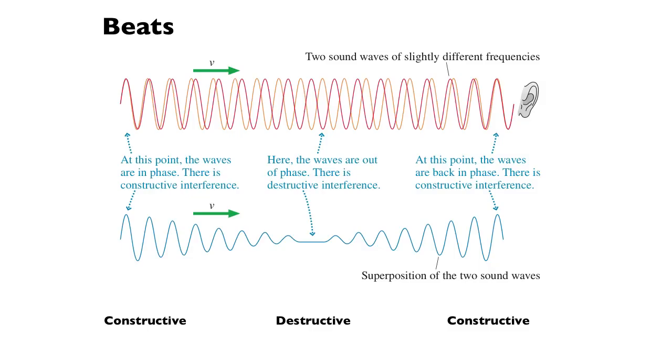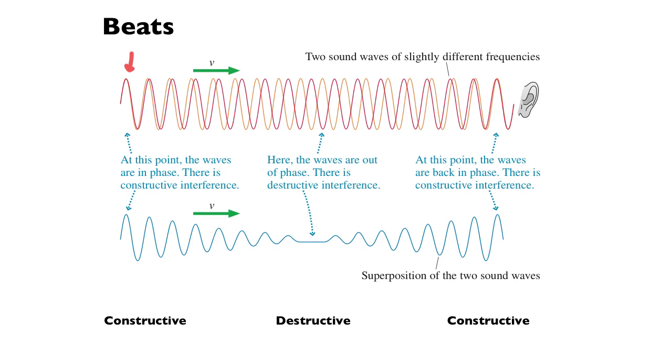So speakers always have to come in some sort of box or some sort of enclosure. Now I want to talk about a phenomenon called beats. Suppose I have two waves coming towards somebody. One of them is in red and one of them is in orange, and they have slightly different frequencies. At this point they're in phase with each other.